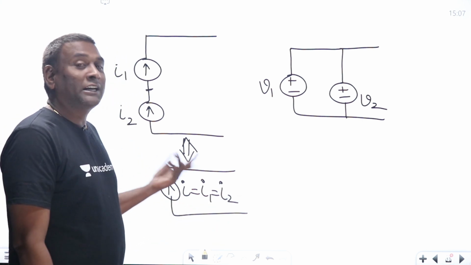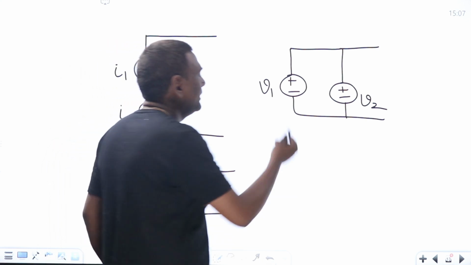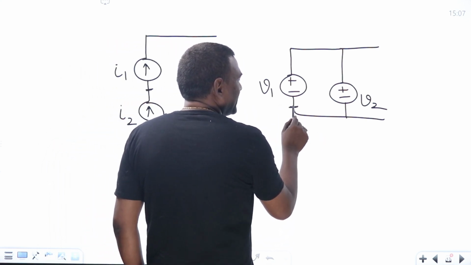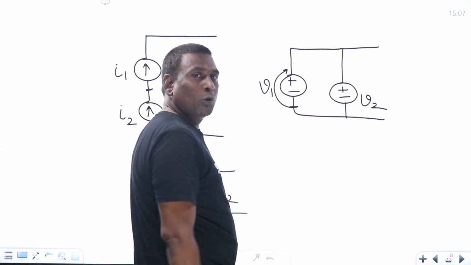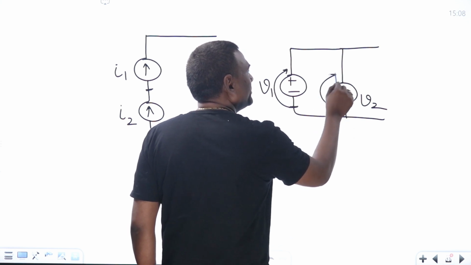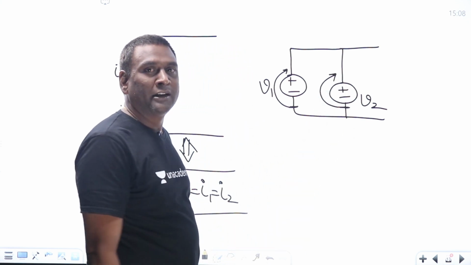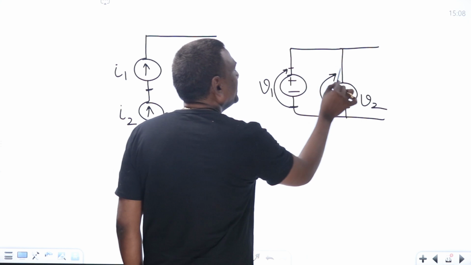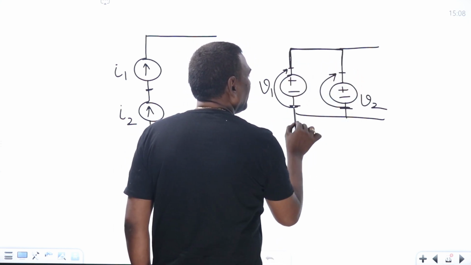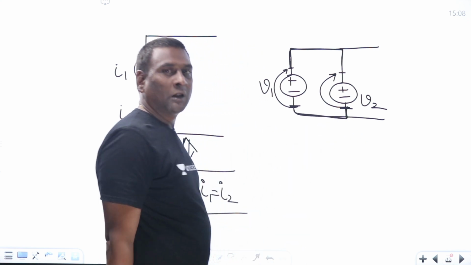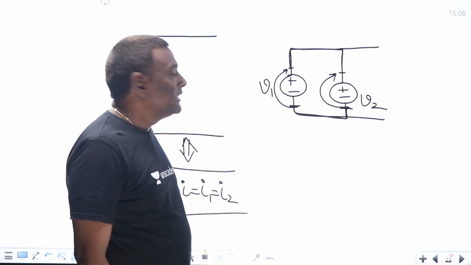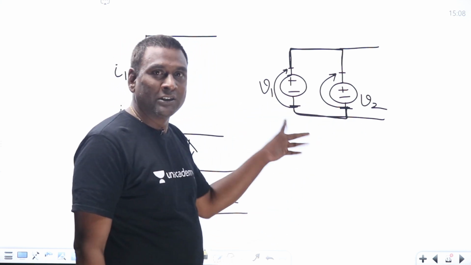If I1 is not equal to I2, I'll tell you what will happen. If I move a test charge from here to here, whatever energy is expended, if I take the same test charge and move it from here to here, the same energy should be expended, because these are all equipotential points. Conservation of energy is going to fail if V1 is not equal to V2.